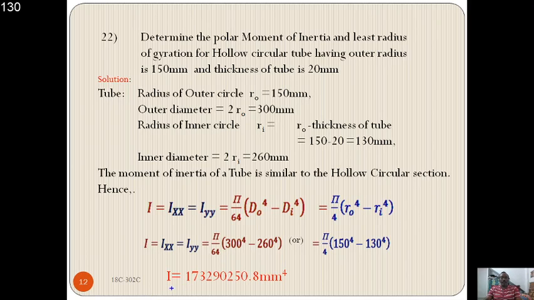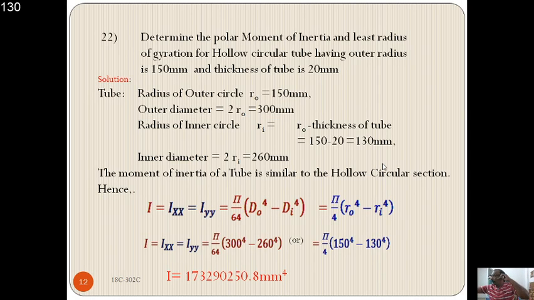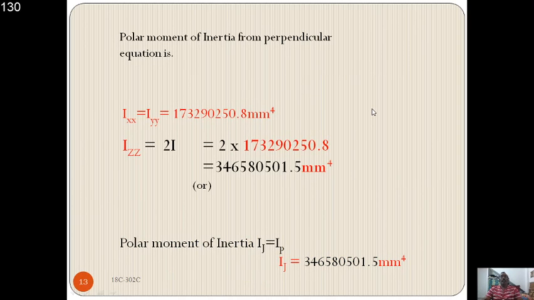So the moment of inertia of the hollow circle, with the given data, is 173290250.8 mm to the power of 4. Then the polar moment of inertia can be obtained from the perpendicular axis theorem.